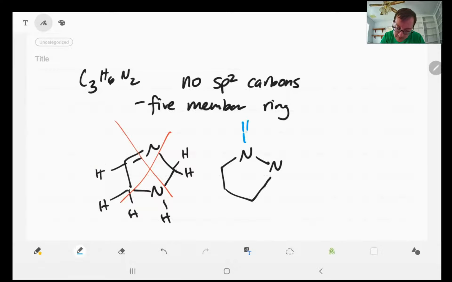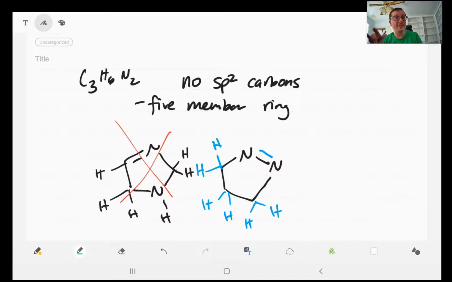If we throw the hydrogens on this one, we see here again we have 8. But now something we can do, remember a double bond is essentially going to take the place of 2 hydrogens. What we can do is make our nitrogens have the double bond.